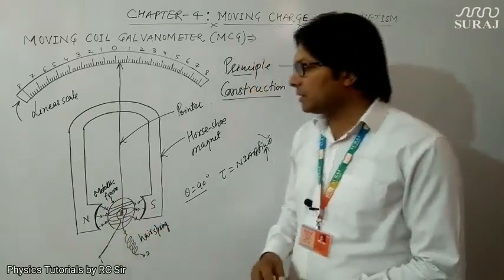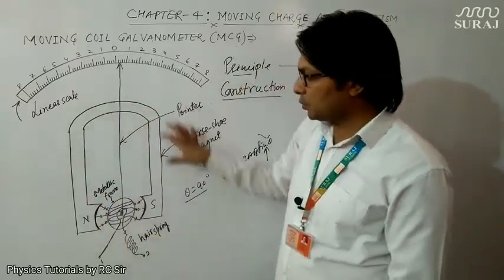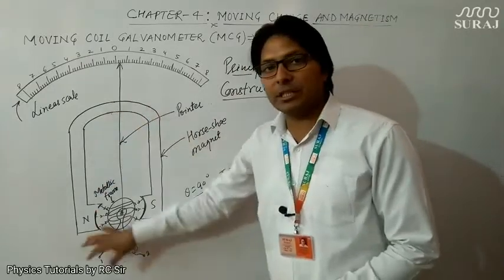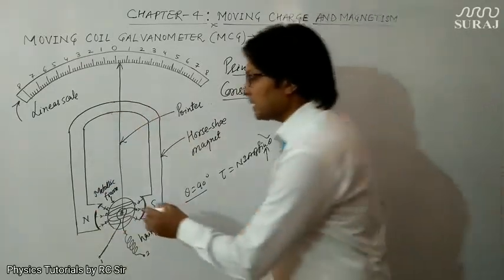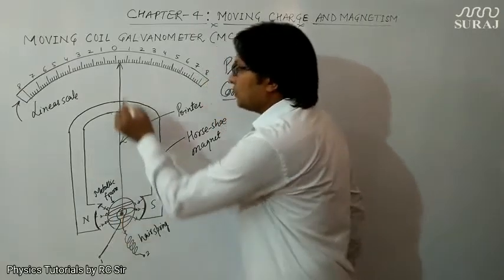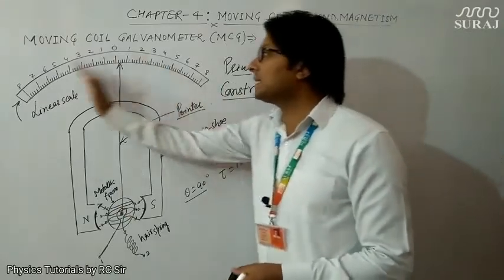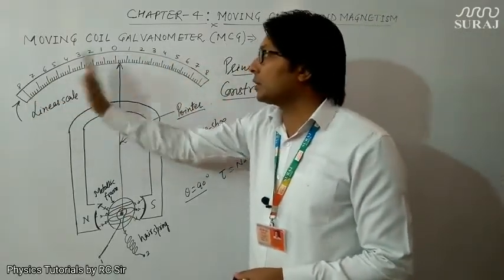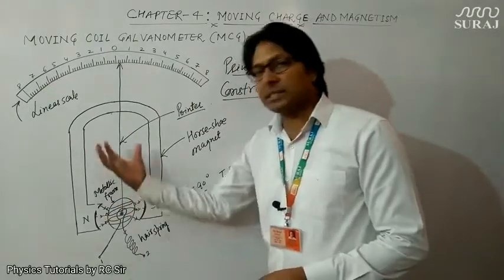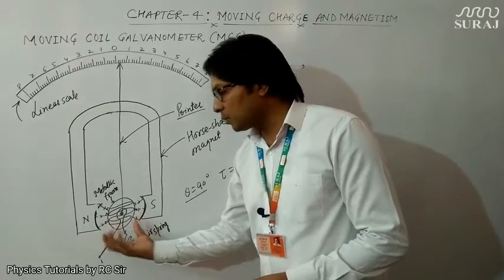Thereafter we have put this arrangement into this horseshoe magnet, or the magnetic field provided by this horseshoe magnet, and the center of this coil is fitted with a pointer made of aluminium, and this pointer slides on this scale as we pass the current through this coil.